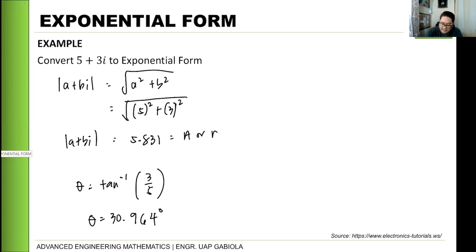So we now have the value of a, or r, and then our theta. For exponential form, what is our symbol? Our z is equal to a e^(theta i). So that will be 5.831 e^(30.964i). Okay?